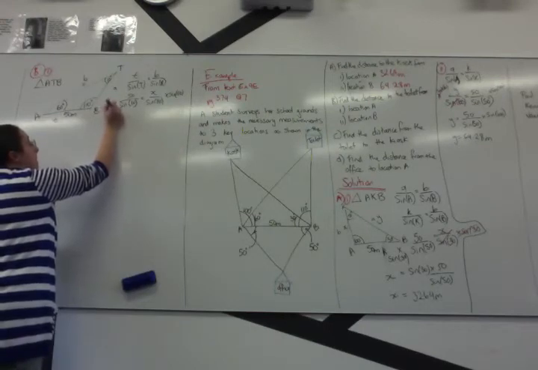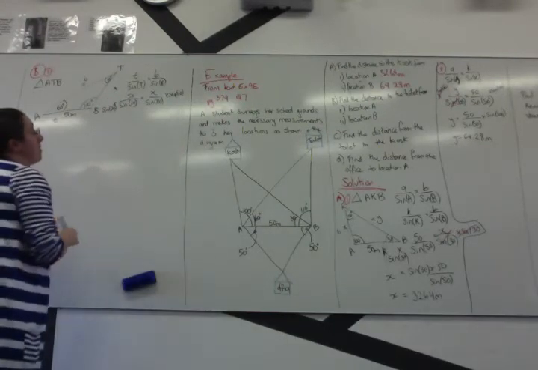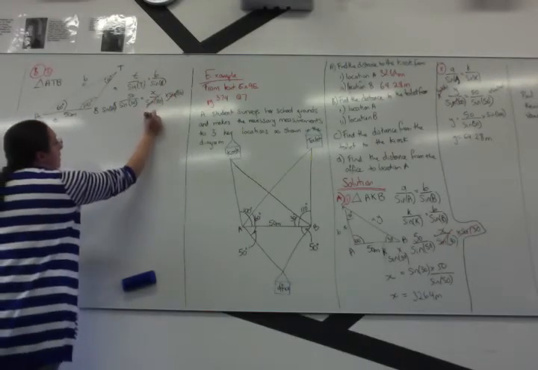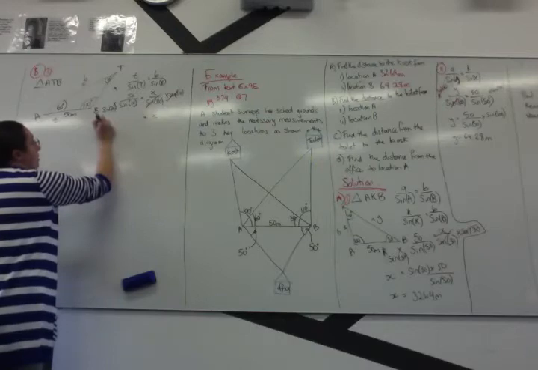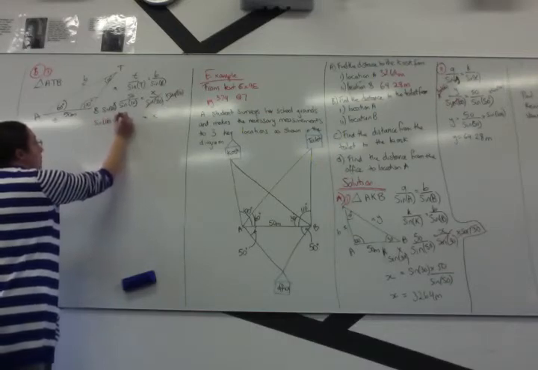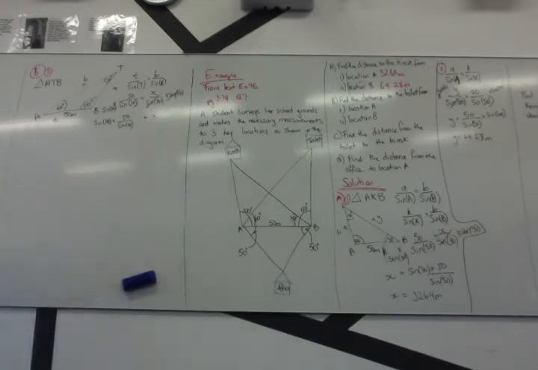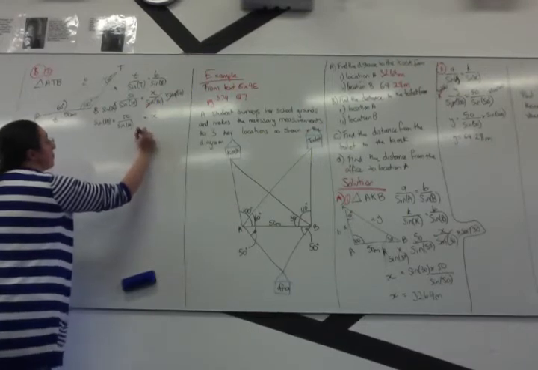So those two cancel out again. X is equal to the sine of 110 times 50 over the sine of 10. What do you get? 270.57.